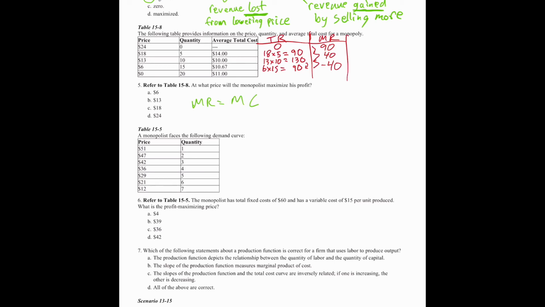Lastly, we need to go ahead and find our marginal costs, but we need to first find our total costs. So the total cost is just average total cost times quantity. So 5 times 14 is equal to 70. 10 times 10 is equal to 100.